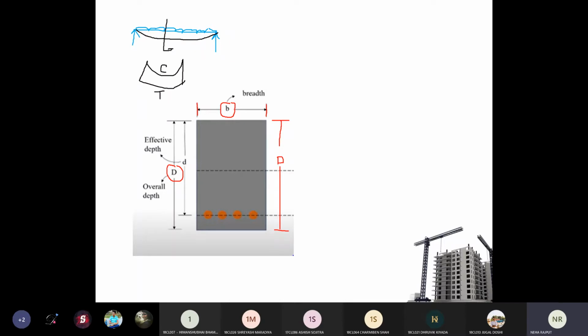If you take the cross section of this beam and draw that rectangular section, the beam has tension at the bottom and compression at the top. The line which divides tension and compression is known as the neutral axis line, the line having zero tension and zero compression, which divides your compression zone and tension zone.